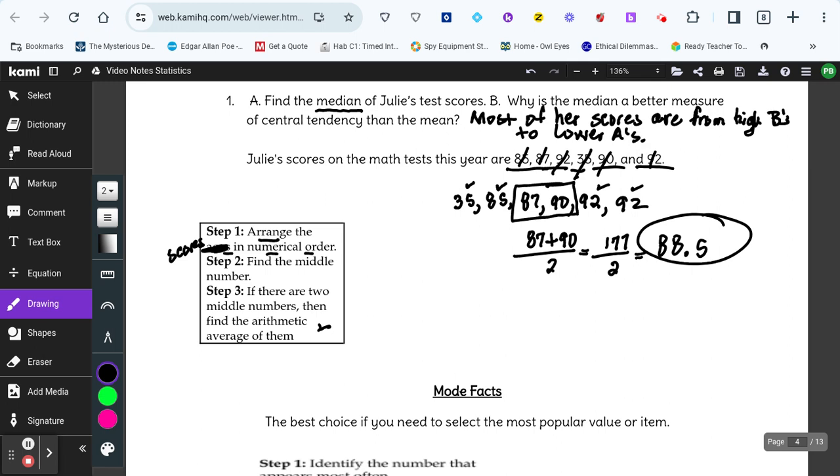So 88 will be in the middle of some high B's and lower A's. That's a better center than an 80. An 80 is way below these, okay?